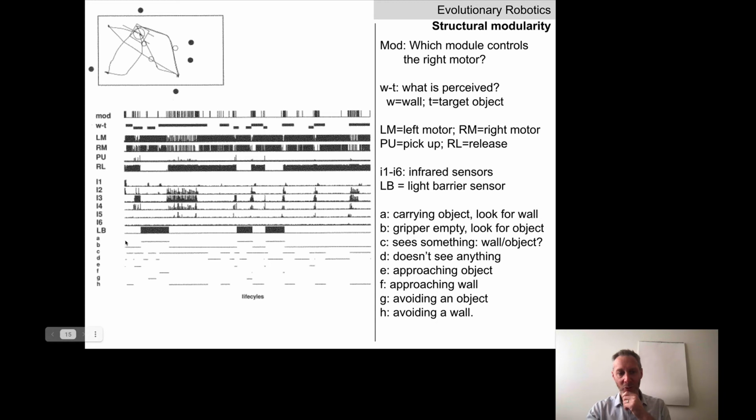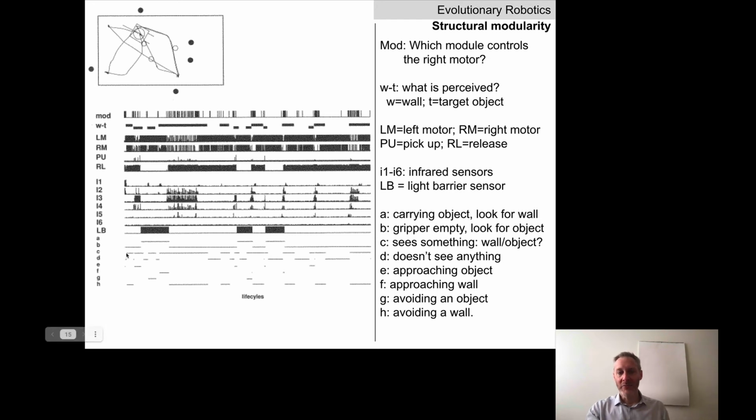If you jump back and forth between A and mod, you can see there's no clear correspondence. So however the evolution is carving up this task, it is not based on whether or not the robot is carrying an object. B is basically the same thing, just kind of flipped around. Gripper is empty and looking for an object, or not.